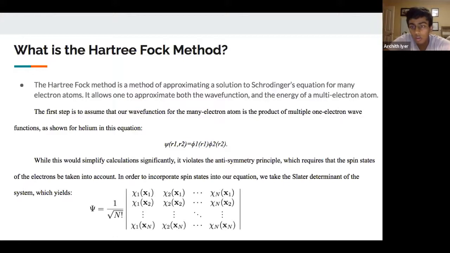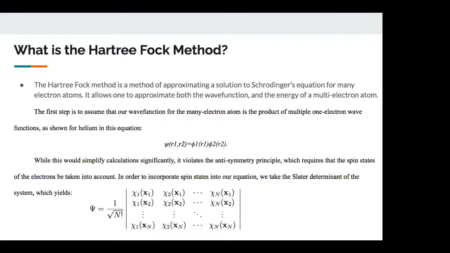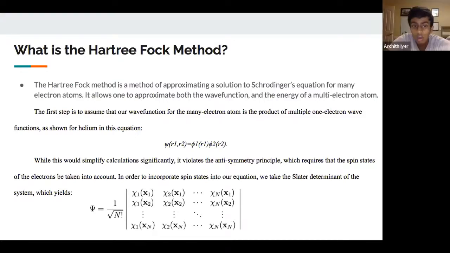But there is one issue, which is the main reason why Schrödinger's equation cannot be solved exactly for many-electron atoms. And that's because of spin states and repulsion. We have to also consider that there are other electrons as well as the one that we're doing this for. It also violates the anti-symmetry principle, which requires that spin states of the electrons be taken into account. So in order to incorporate spin states into our equation, we have to take the Slater determinant of the system.